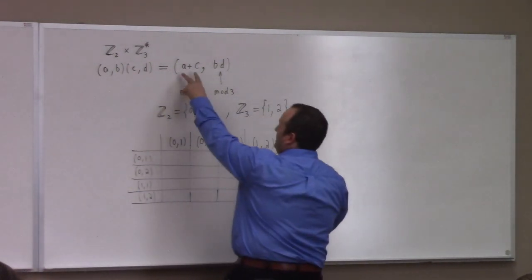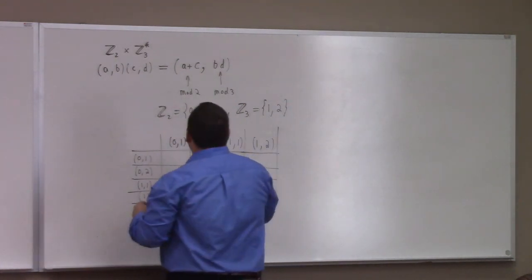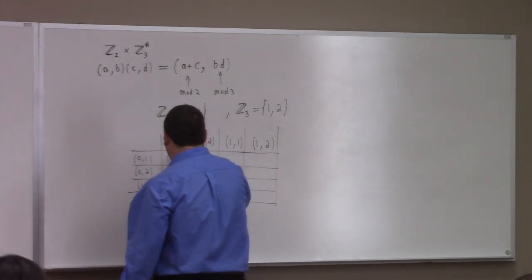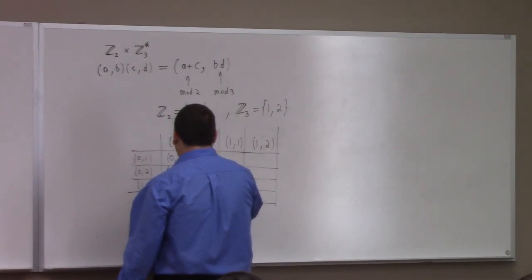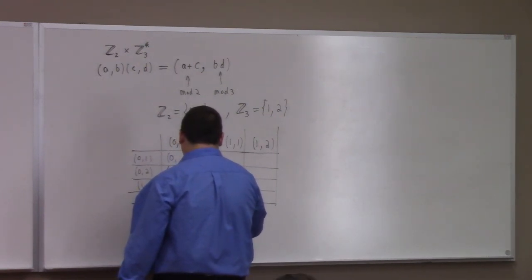We're doing addition in the first component and multiplication in the second component, mod 2 and mod 3. Oh, this is going to mess my head up. Let's see. I got 0, 0. I'm adding 0, 1. I made a command and control decision here: my brain is set up so that I should do the calculation this way.